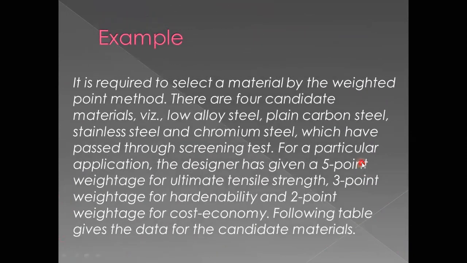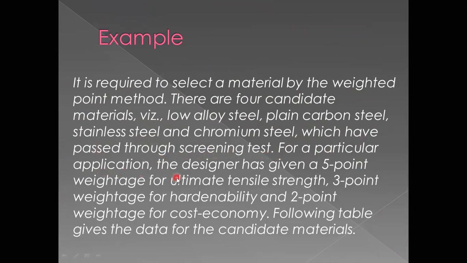Let us understand weighted point method by an example. It is required to select a material by the weighted point method. There are four candidate materials: low alloy steel, plain carbon steel, stainless steel, and chromium steel, which have passed through screening test.